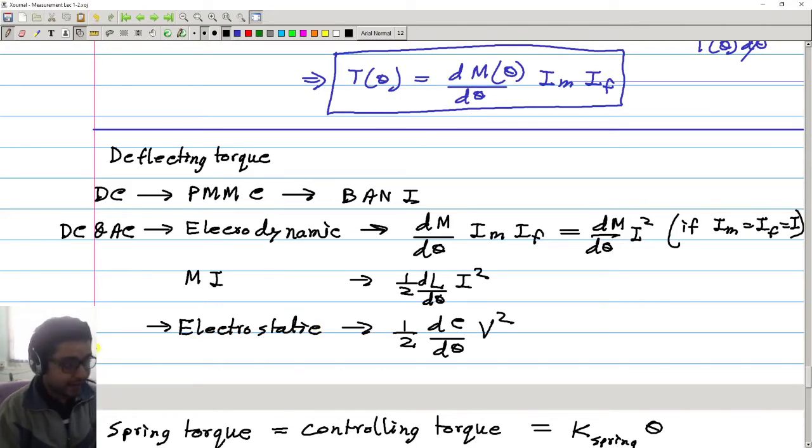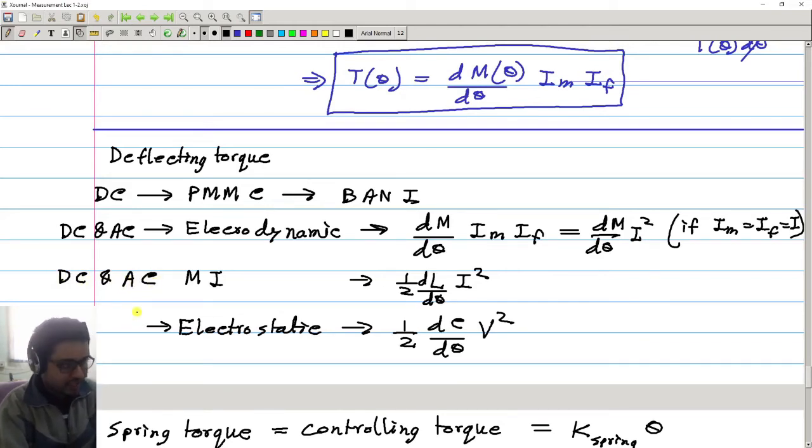Okay, AC, before I write AC I will give a thought to this. MI, in principle, AC. Actually, in theory, only if we consider the physics of attraction, repulsion, then it can measure both DC and AC.